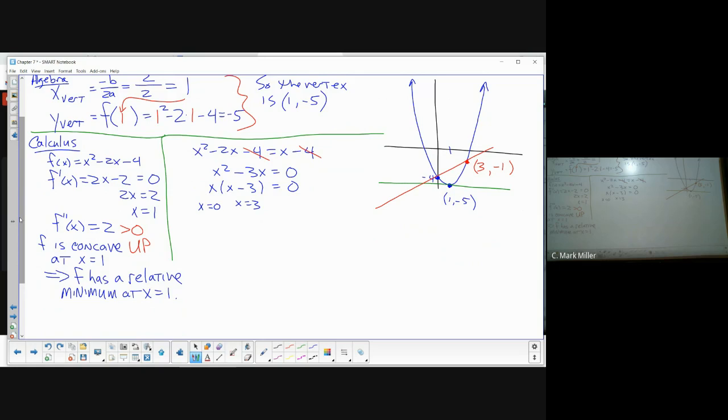So this is the region right here that gets revolved around the x-axis, this region here. How do you set one of these up?